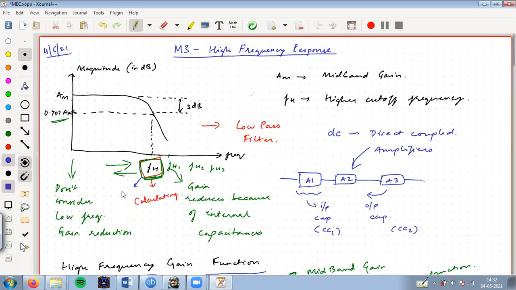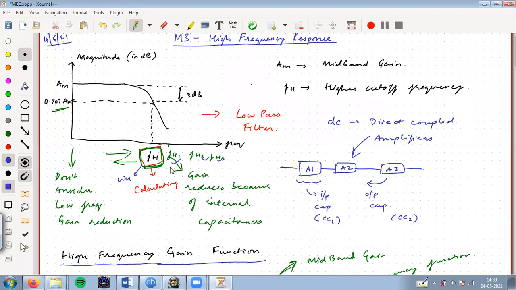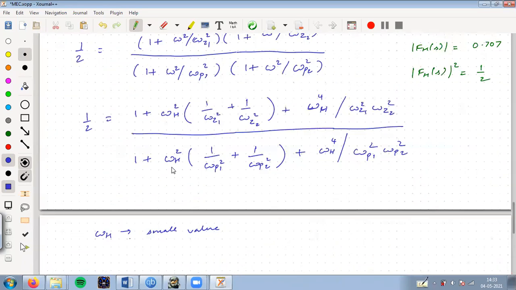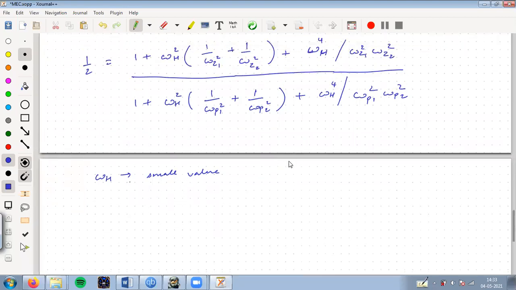This is omega h. Omega h, when compared to other frequencies, is actually the lowest one. In that case, omega h square is fine, but omega h power 4 is neglected.